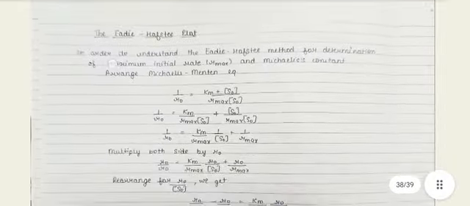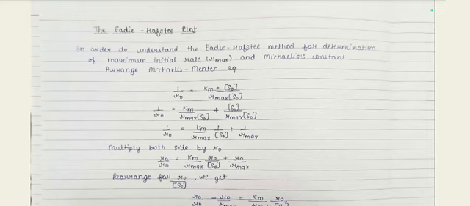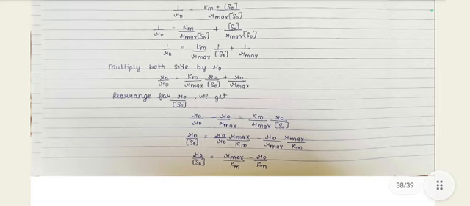The Eadie-Hofstee plot. In order to understand the Eadie-Hofstee method for determination of maximum initial rate R maximum and Michaelis constant, rearrange the Michaelis-Menten equation. 1 by R naught is equal to Km plus S naught by R max S naught. 1 by R naught is equal to Km by R max S naught plus S naught by R max S naught. 1 by R naught is equal to Km by R maximum into 1 by S naught plus 1 by R maximum.